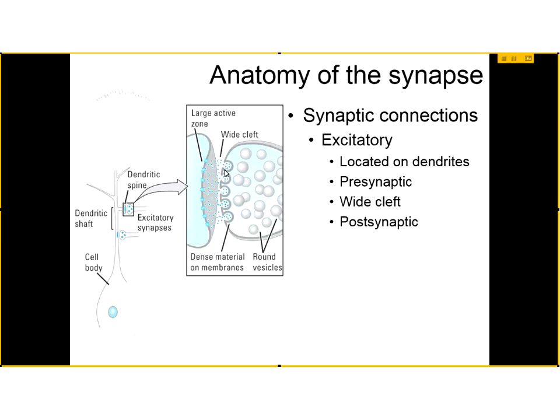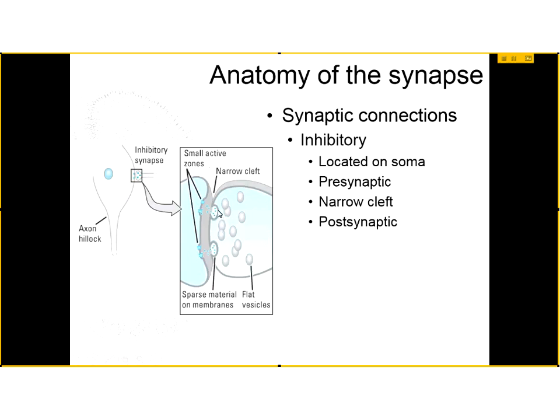With our excitatory synapse, we see a wider cleft and a much larger active zone, both presynaptically and postsynaptically. With the inhibitory, we see a narrow cleft and a smaller, sparse active zone presynaptically and postsynaptically.